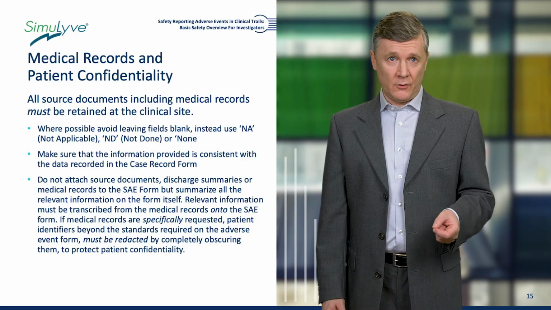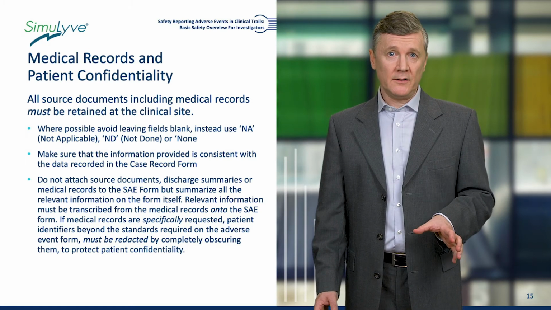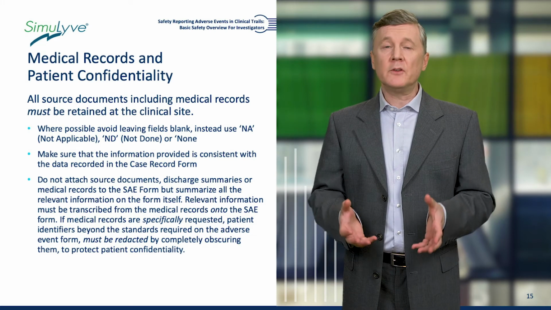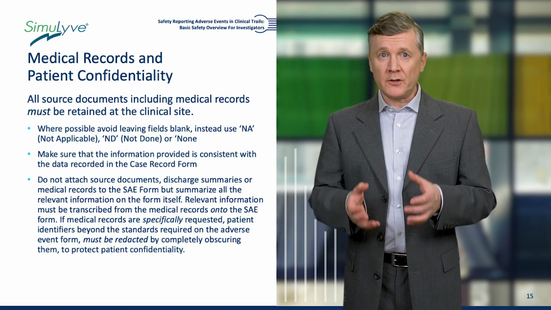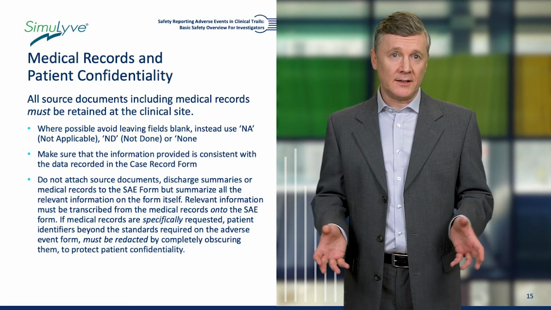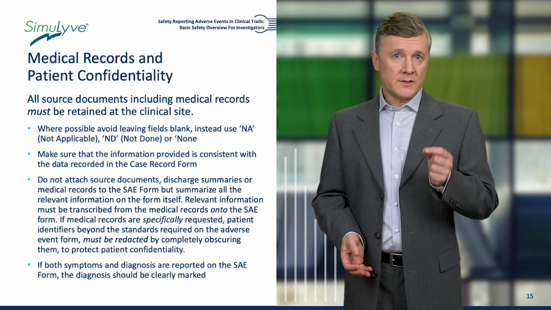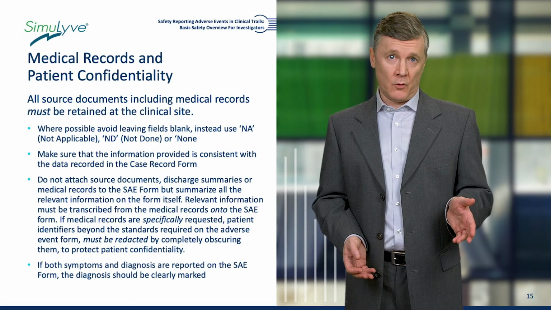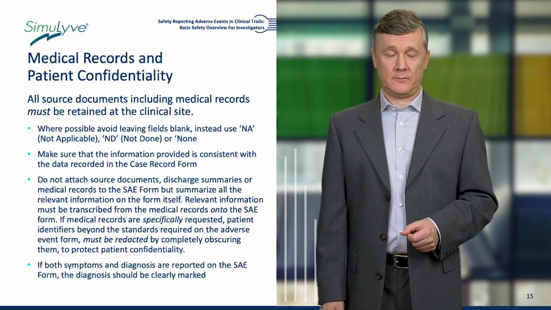If medical records are specifically requested, patient identifiers, beyond the standards required on the adverse event form, must be redacted by completely obscuring them to protect patient confidentiality. And 4. If both symptoms and diagnosis are reported on the SAE form, the diagnosis should be clearly marked.